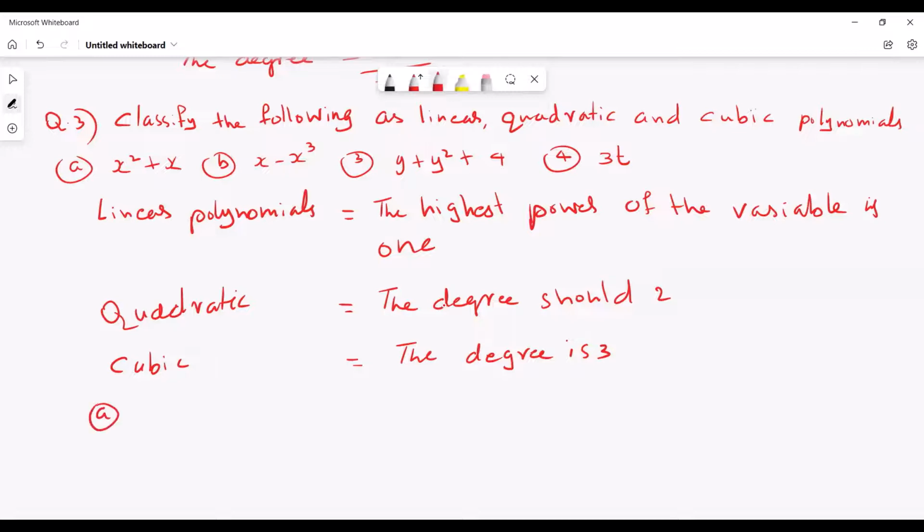In question number A, it is given as x square plus x. Here the highest degree is 2. If the degree is 2, then we can say this is a quadratic polynomial. This is quadratic.